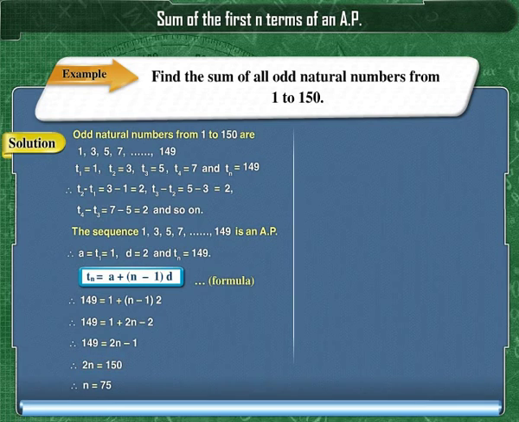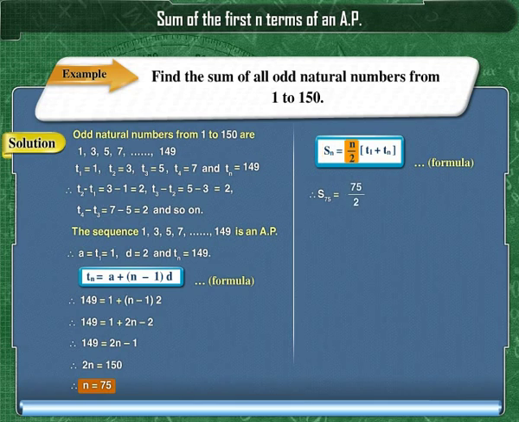Since we know T1 and Tn, we can use the formula Sn is n upon 2 into T1 plus Tn to find Sn. Substituting the values of n, T1 and Tn in the formula, we get S75 is 75 upon 2 into 1 plus 149.